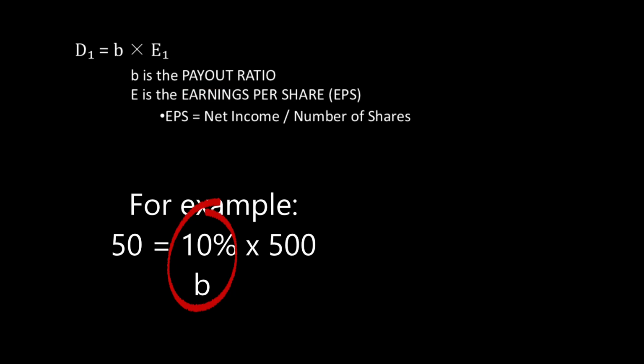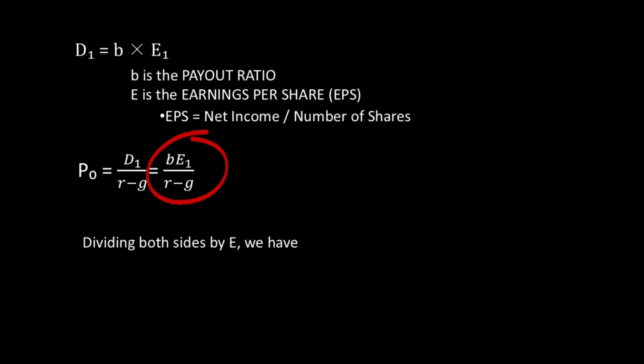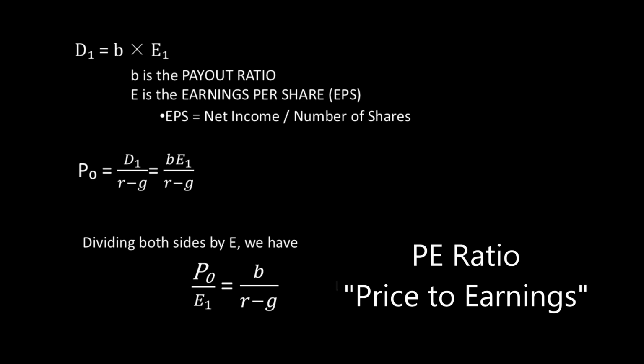Substituting into the dividend discount model, P sub 0 is equal to B times E1 all over R minus G. Dividing both sides by E sub 1, we have P sub 0 over E sub 1 equals B over R minus G. This is the PE ratio, grounded in the same geometric progression logic.